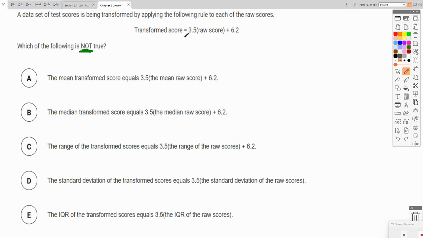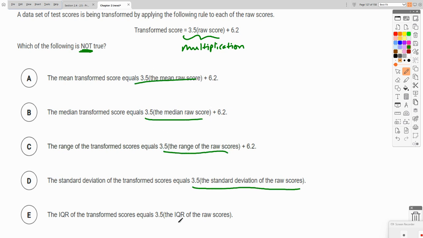So first I've got to realize there's multiplication involved in this transformation. And I've got to remember multiplication affects every type of value. Measures of center, measures of spread, positional values, everything is going to be affected by this multiplication. But it's going to come down to the other part.